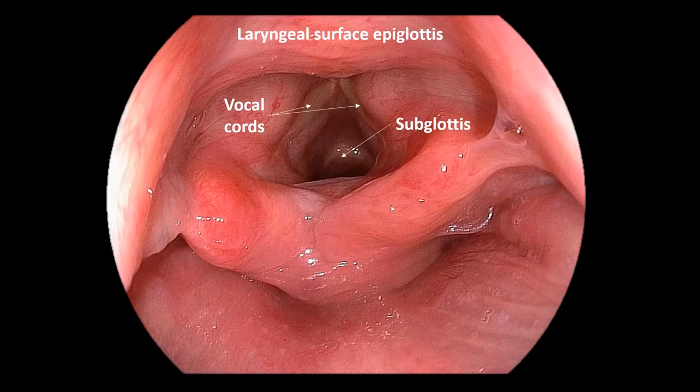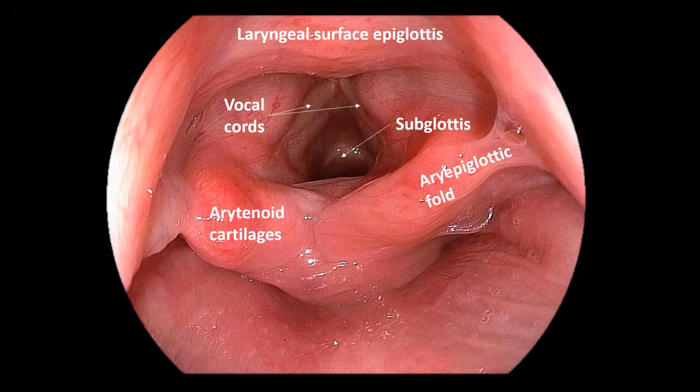Then these somewhat, how should we describe this? These structures, I can't find a suitable adjective in English. Nothing pops to mind. Are the arytenoid cartilages covered by mucosa, of course, and we have a mucosal fold going from the arytenoid cartilages to the wall of the epiglottis called the aryepiglottic fold.